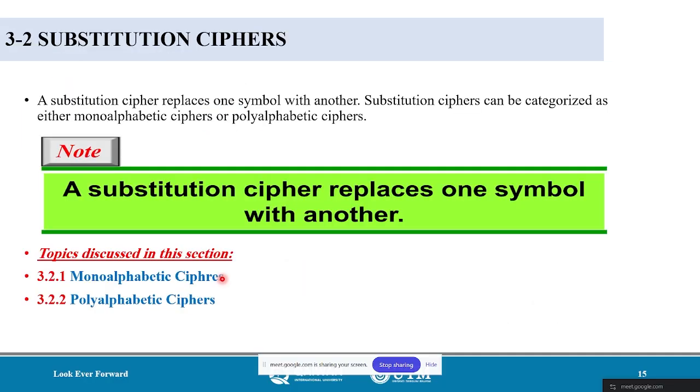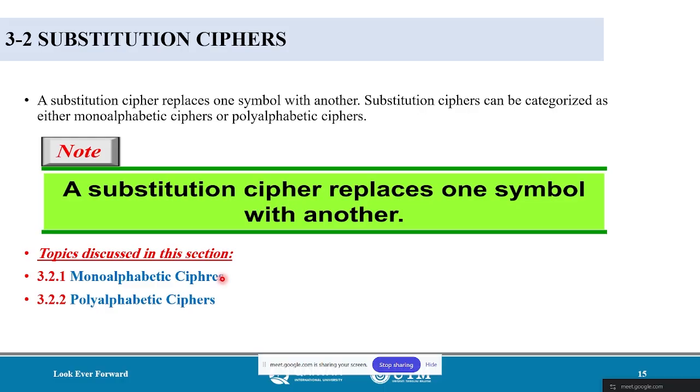Now, 3.2, we have substitution ciphers. If you have no questions about the before, we will start with this. Okay, I assume that you have no questions. So now, substitution ciphers. Substitution ciphers replace one symbol with another.